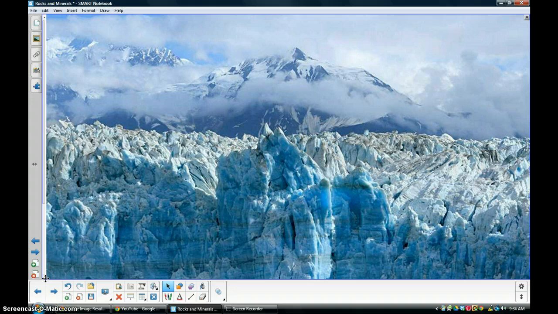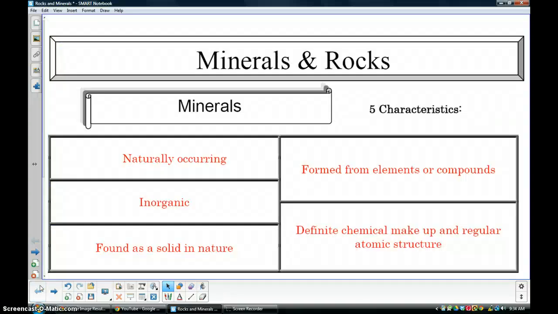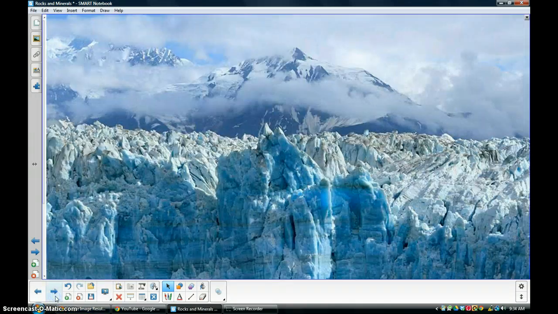Is it made out of elements or compounds? It's made out of hydrogen and oxygen, so yes, it's a combination of those things. And is it inorganic? Yes, it is. It wasn't made by something that was living. So ice, even though it sounds hard to believe that we would call it a mineral, is a mineral.